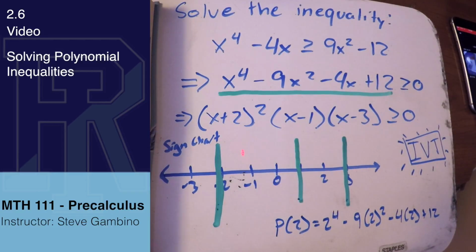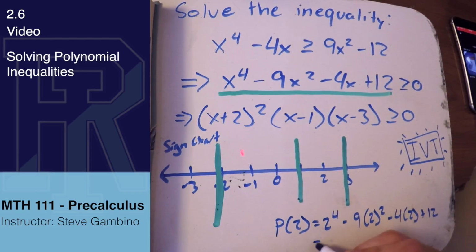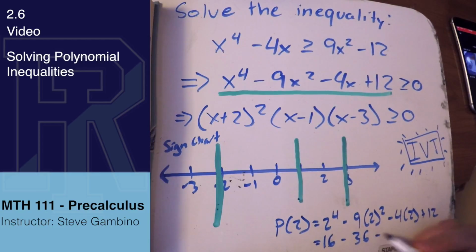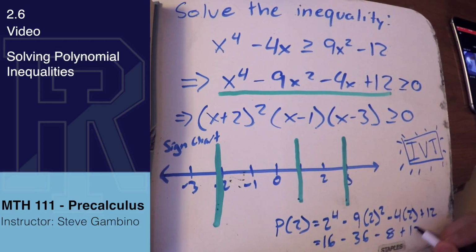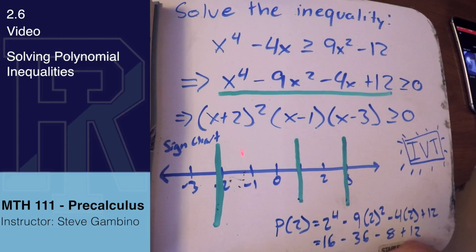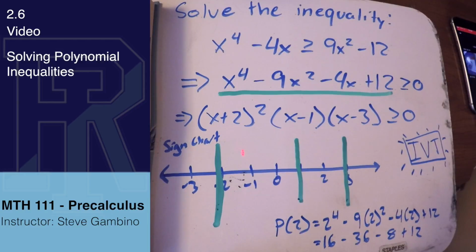Okay, and when we do this, now we have 2 to the 4th, 16, minus 36 minus 8 plus 12. Hopefully I'm doing all this math right. And minus 36 minus 8 is going to be minus 44. 16 plus 12 is 28. 44 is greater than 28, so this is very clearly negative.